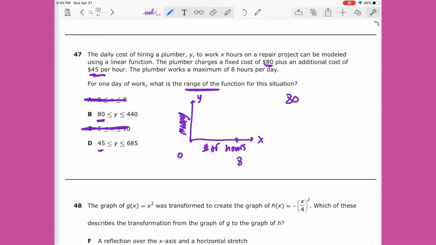Because remember, it's $80 plus 45x. So our answer choice is going to be B, because if he works for 8 hours, that's going to give you the $440.